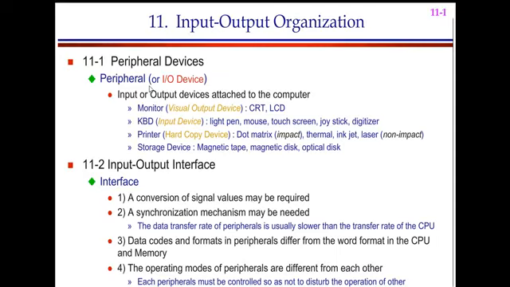The output device can be a monitor like CRT or LCD, and the input device can be a light pen, mouse, touch screen, joystick, or digitizer. You can have a printer as an output device, and storage devices like magnetic tape, magnetic disk, dot matrix. These are the different types of peripheral devices you interface to your input and output organization.